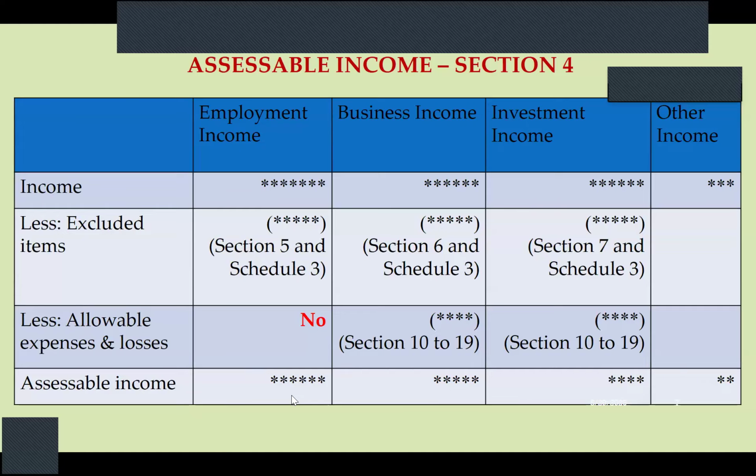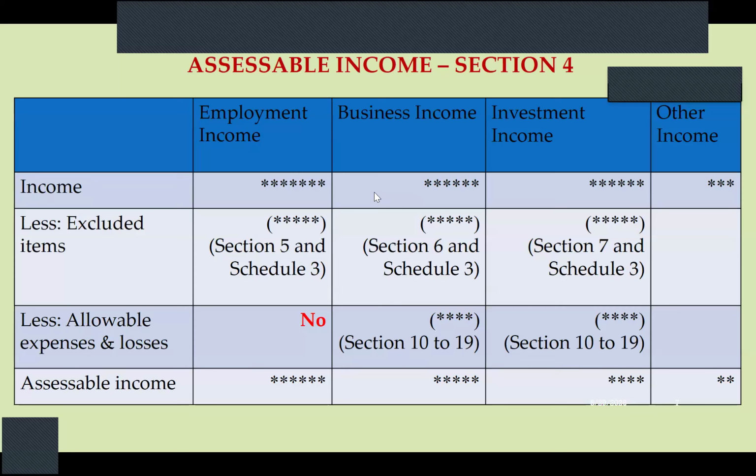So after that, in our journey to the computation of tax payable amount, we have to pass several stages. The first one is the calculation of the assessable income. We did it for the employment source. Then we started to calculate business income source.